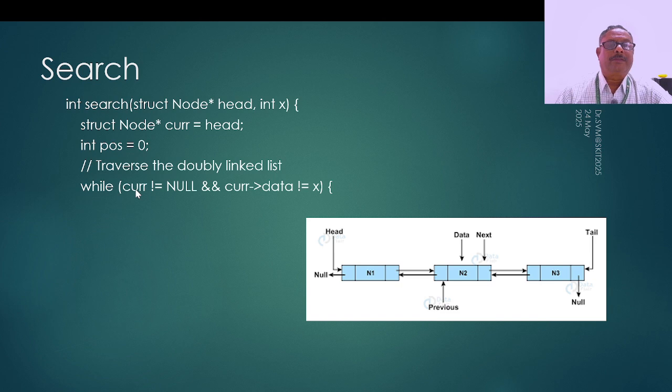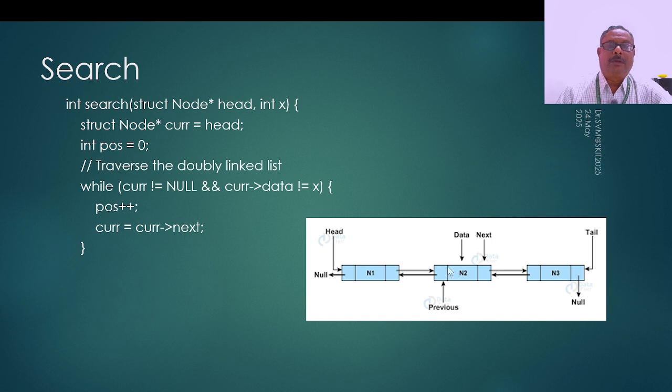As long as the current is not null, that means as long as we don't reach the end of the doubly linked list, and the current node's data is not equal to x, just increment the position and keep moving to the next node.